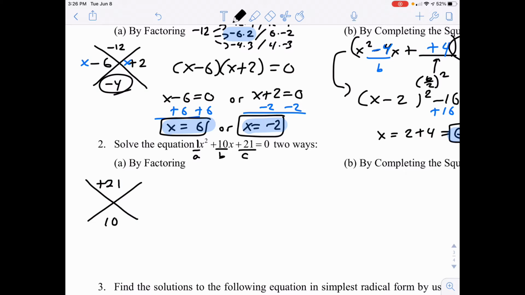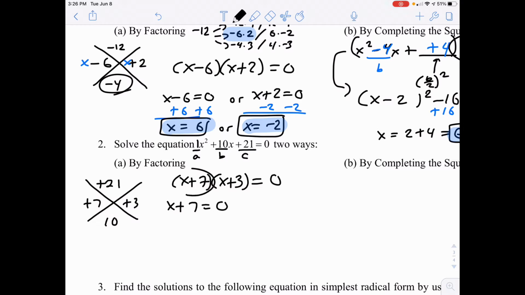Now what are our factors that give us 21? Well, those would be 1 and 21, or 7 and 3. So this would be x plus 7 times x plus 3 equals 0, because 7 and 3, of course, would add up to positive 10.